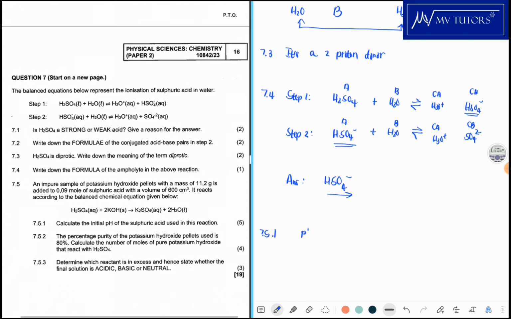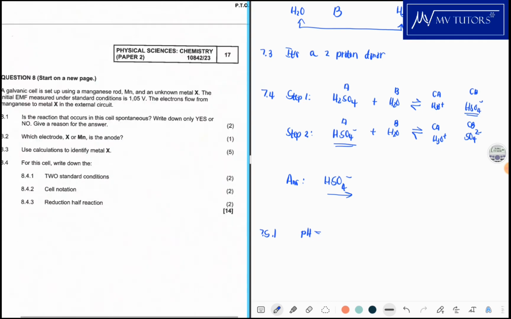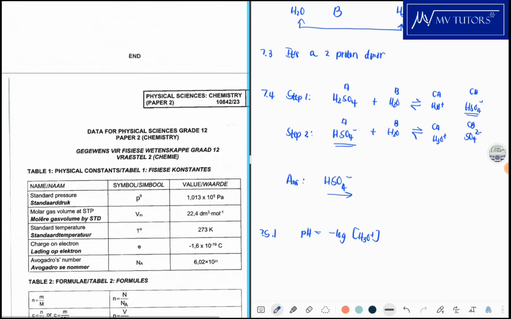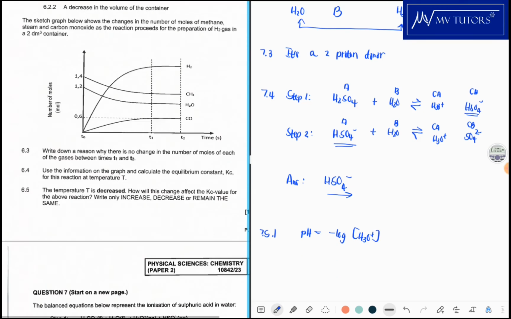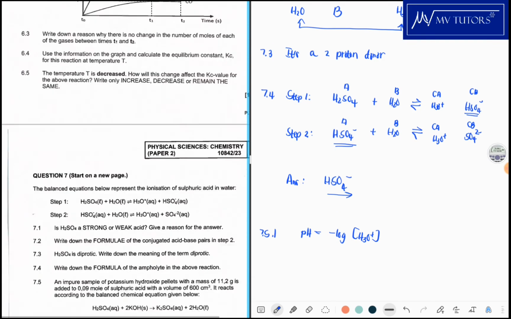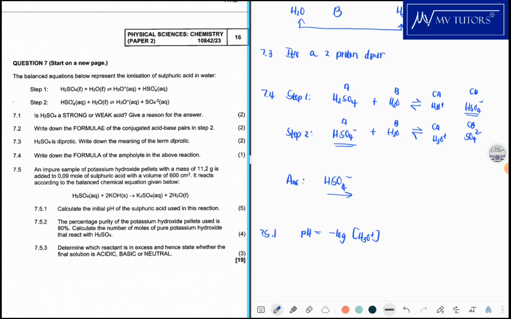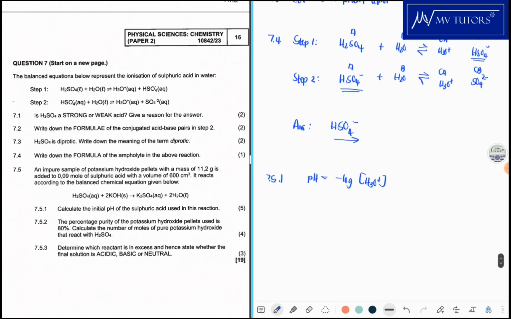Remember the formula for pH? If you have forgotten it, it's there in the formula sheet, but pH is negative log of H3O plus. So basically we're looking for the concentration of hydronium. And we can relate it to sulfuric acid because remember sulfuric acid is diprotic. Once I have the number of moles for sulfuric acid, I can relate it to the moles of hydronium.